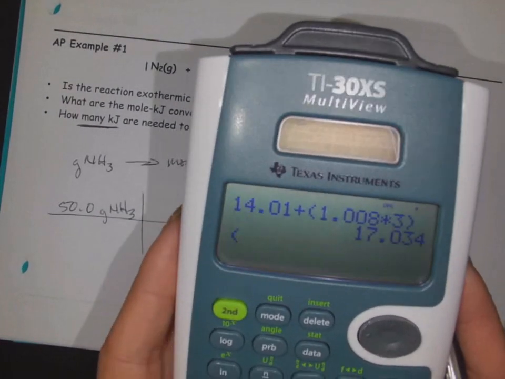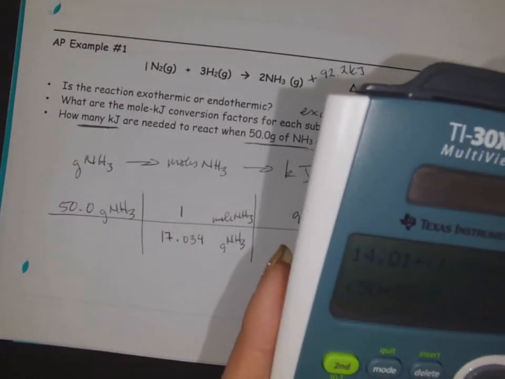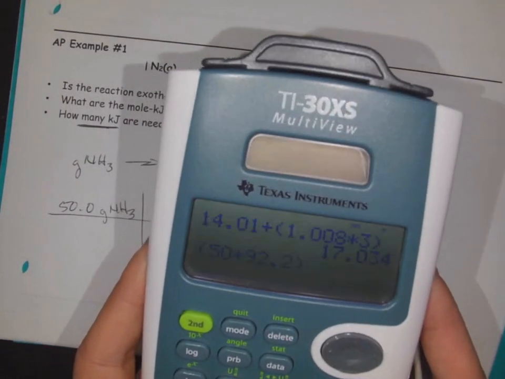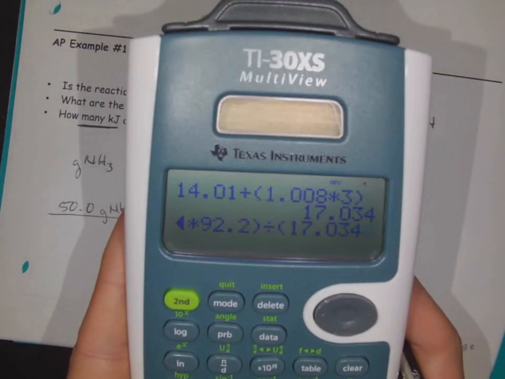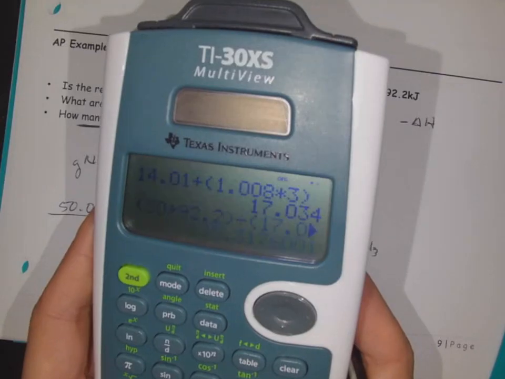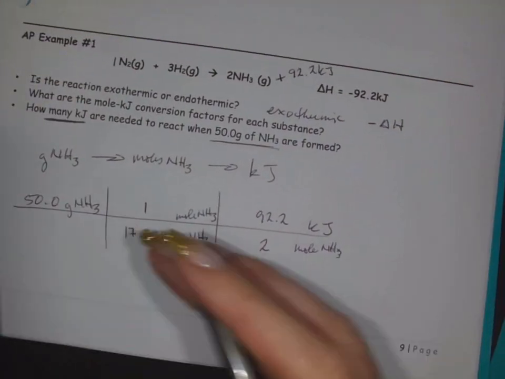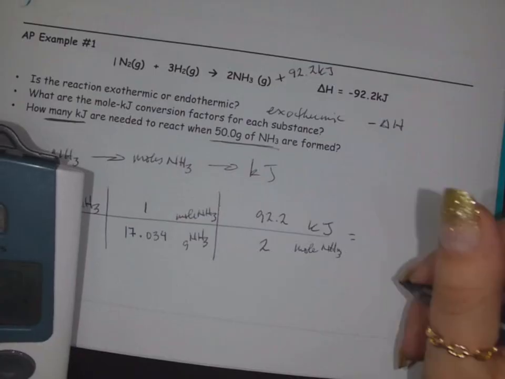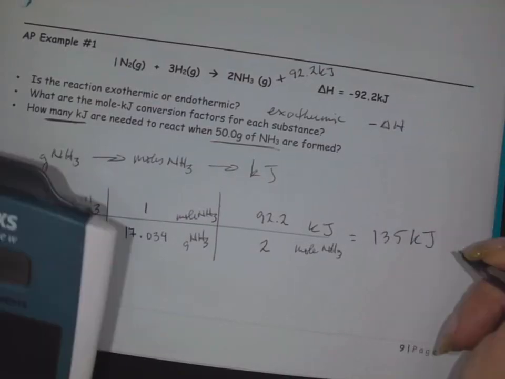All right, here's the top of my goalpost. 50 times by 92.2 divided by this 17 number times by 2. So, final answer, sig figs, 3 sig figs. So I get 135 kilojoules.